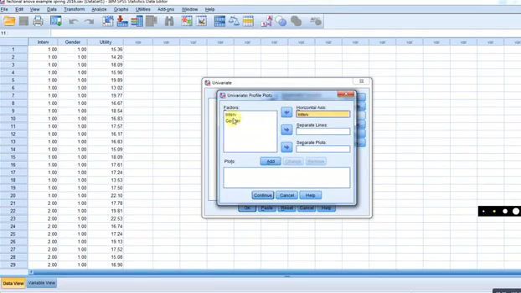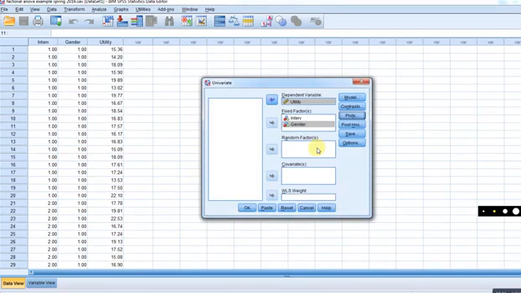So I'll move intervention over to the horizontal axis, click add, then gender, do the same, and then to get the interaction, I'll move intervention over, and for this case I'm just assuming that gender has a moderating effect on the effect of intervention on utility scores, and then I'll click on add and then continue. I could also request post hoc tests if I want.